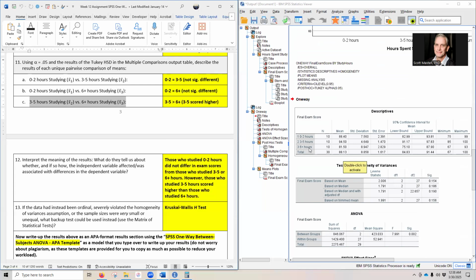So it's 3 to 5 versus 6 plus. We know that 94.5 and 81.5 differed. Who did better? The 94.5, which had the higher mean.